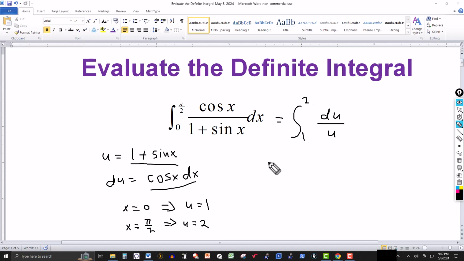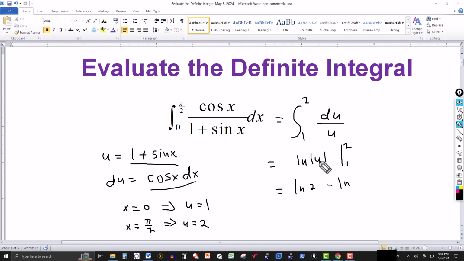And then I just integrate here. The integral of du over u, or 1 over u du, is ln of the absolute value of u. And then we use the limits of integration from 1 to 2. So then this will be ln of 2. You don't need absolute values here. And then minus the value at 1, ln of 1.